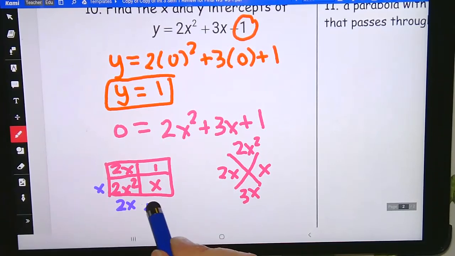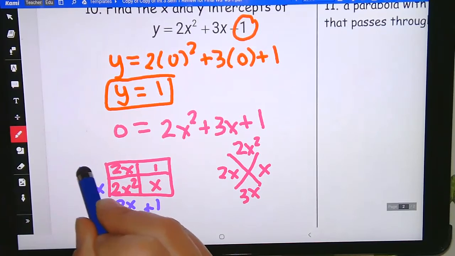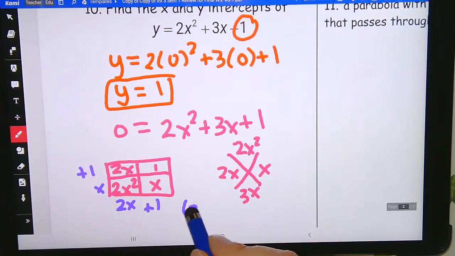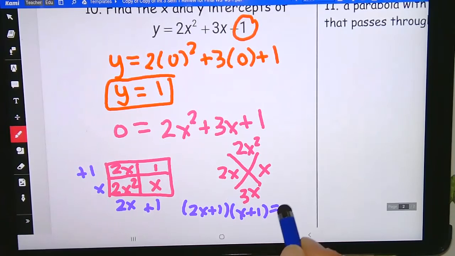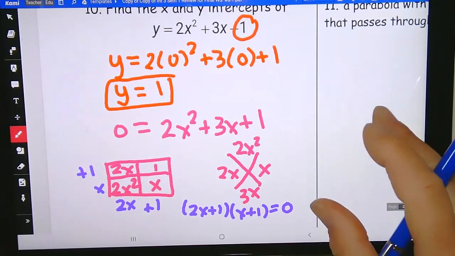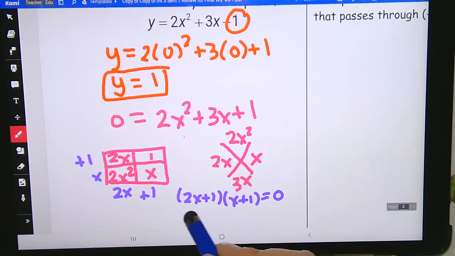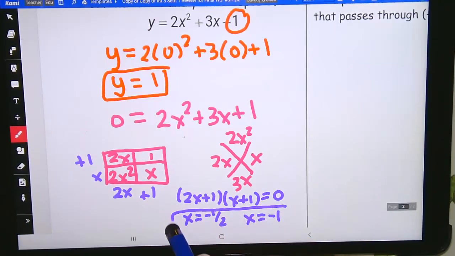X times 1, 2x times 1. So I'm going to end up getting 2x plus 1 times x plus 1 equals 0. And now I'm going to solve these. So I'm going to have x equal to negative 1/2. And this one's going to be x equal to negative 1. And those are my x-intercepts.